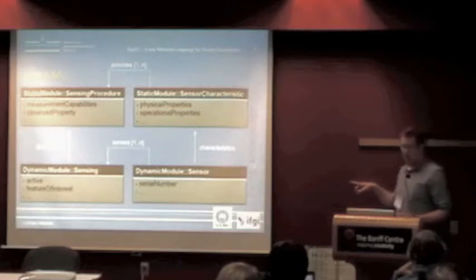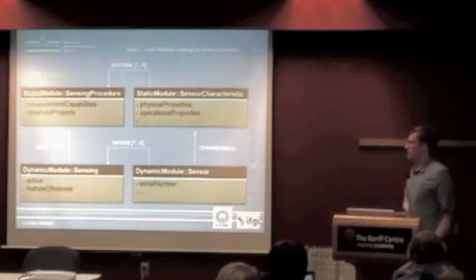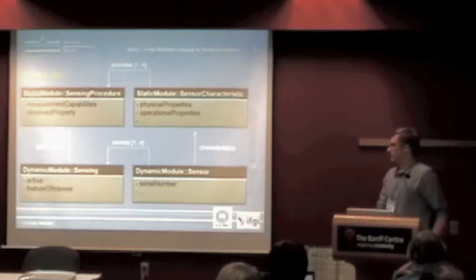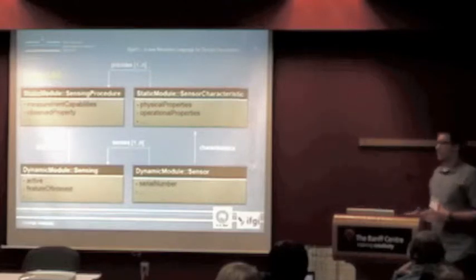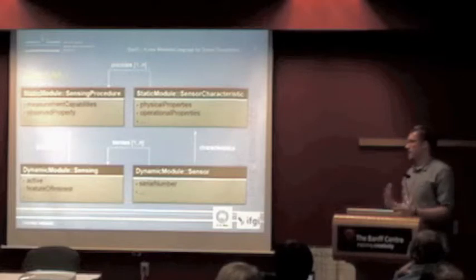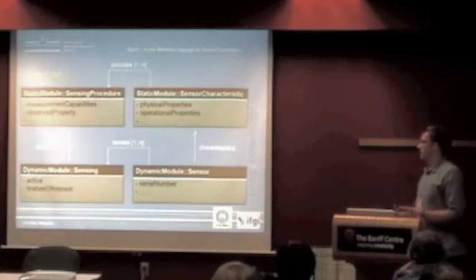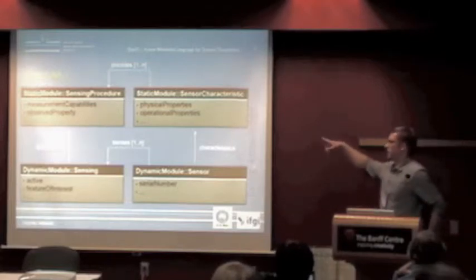The core elements of the dynamic module are sensor and sensing. So a sensor element represents a sensor that can be deployed in the field. It links to its belonging characteristics.